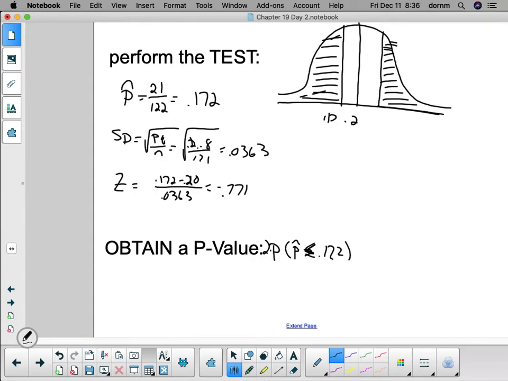So stat, tests, 1 proportion z-test. P naught is 0.2. We had 21 out of 122. I want to know not equal to, calculate, and I get a z-score of, notice it gives 0.769. We had a little rounding error there, but that's fine. And my p-value is 0.4415.